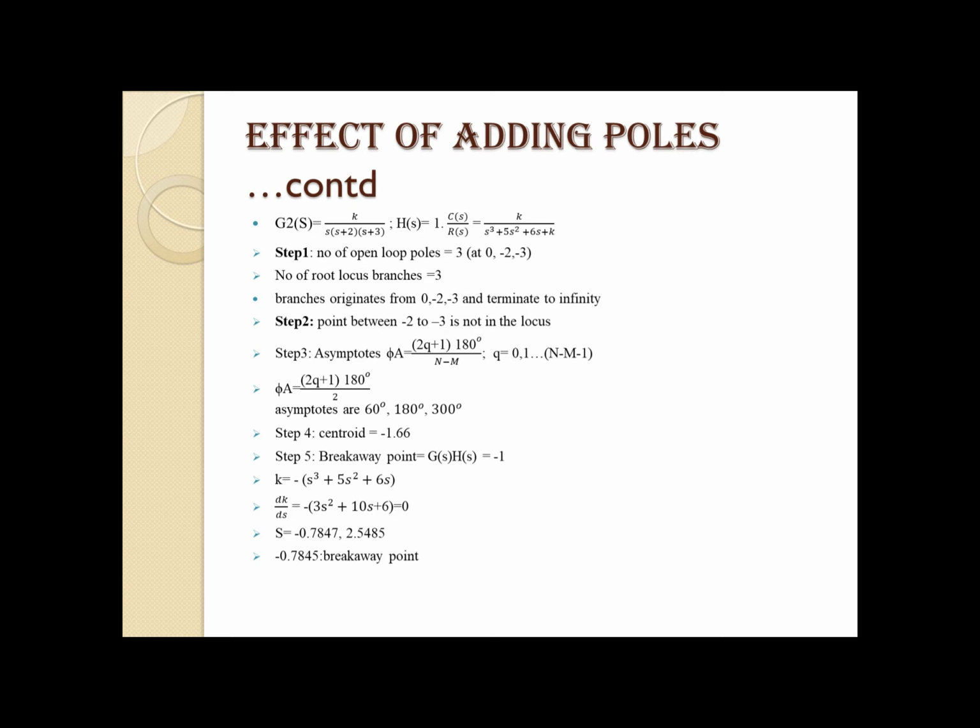In the same way, we can say that the point between minus 2 and minus 3 is not in the locus, and the asymptotic angles are calculated as 60 degrees, 180 degrees and 300 degrees. And the centroid becomes minus 1.66, and the breakaway points are calculated as minus 0.7847 and minus 2.5485.